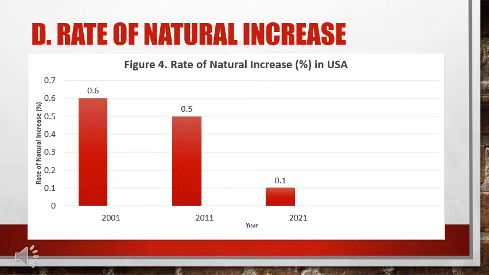This means that throughout those years, the difference between the number of live births and number of deaths is decreasing. It can be observed too that the rate of decline is increasing, since in 2001 to 2011, it has a much lower rate of decline than in 2011 to 2021.